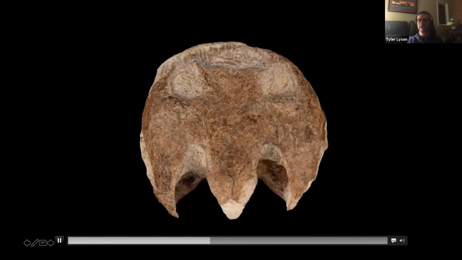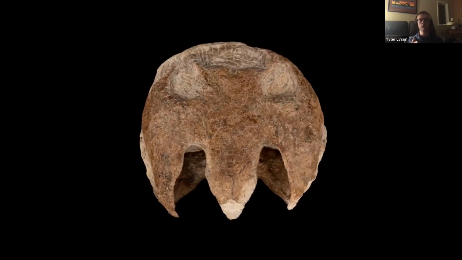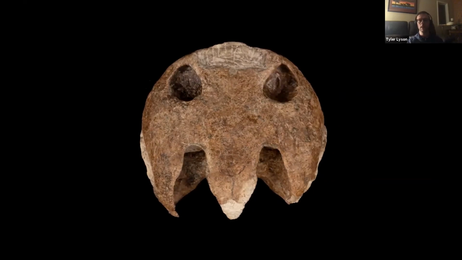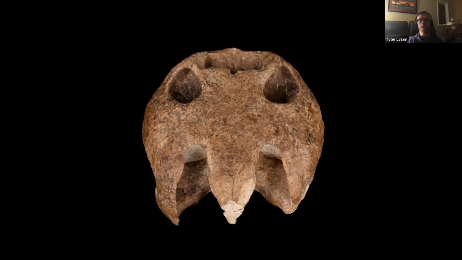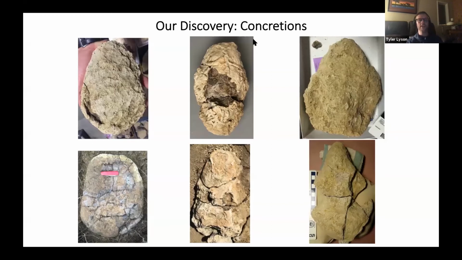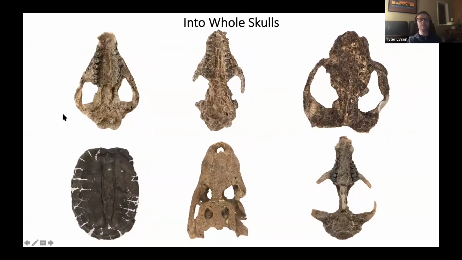It takes anywhere from 50 hours to a couple hundred hours to clean these fossils. But in this case, it turns out to be this brand new species of turtle that Ian and I are currently working on.